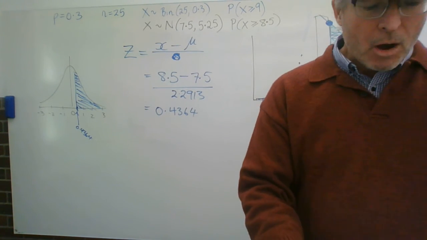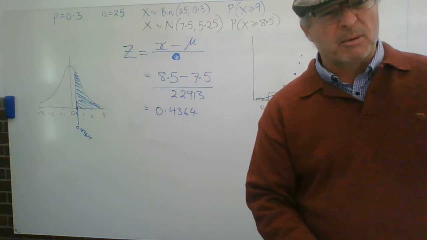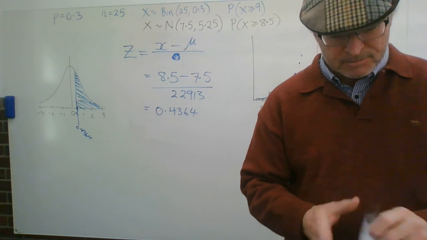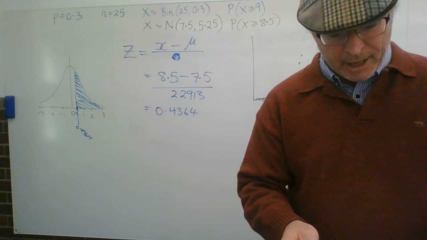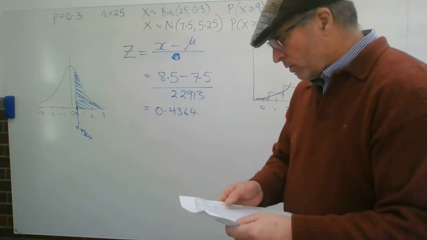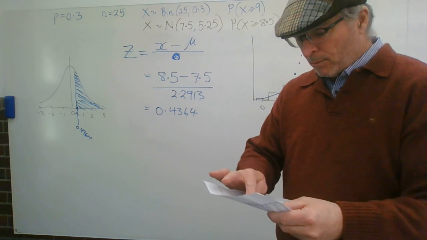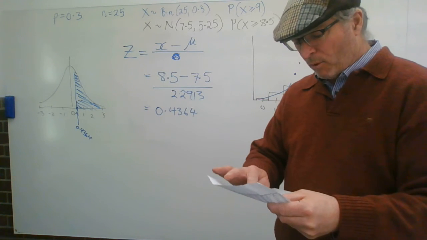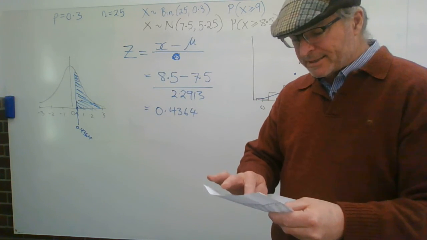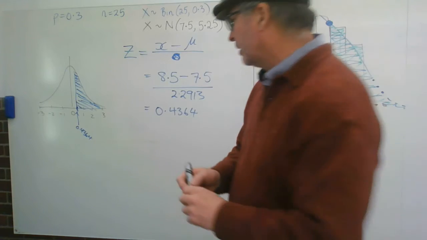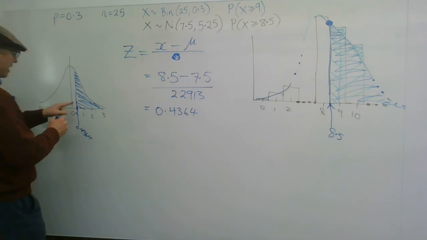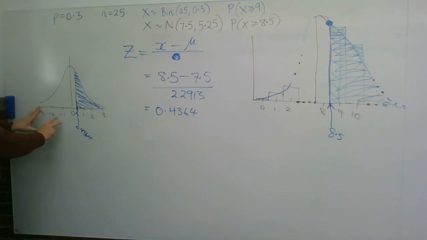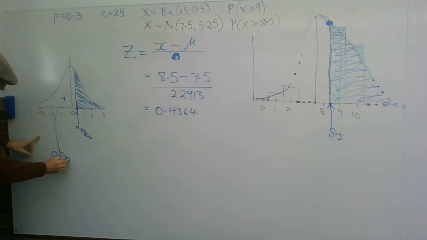I'm going to assume they've given you just a positive set of tables first of all, and I'm going to go to 0.43 and 0.436. It's about 0.44, so it's 0.67003. I get this area up here is 0.67003.